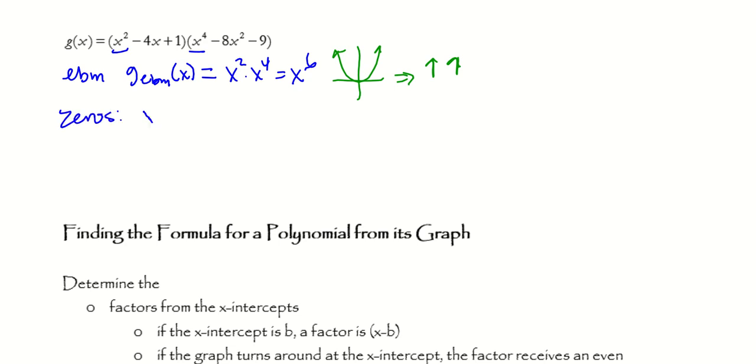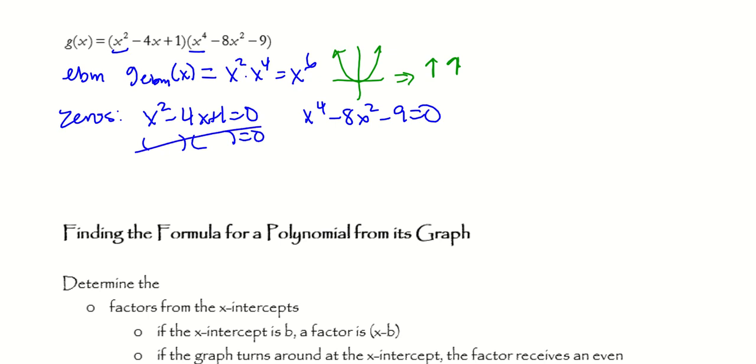I want to find my zeros, that's going to be where each of my factors equals 0. I have x squared minus 4x plus 1 equals 0, and then I have x to the 4th minus 8x squared minus 9 equals 0. Unfortunately, I can't factor the first one, but I could solve where this is equal to 0 by using my quadratic formula.